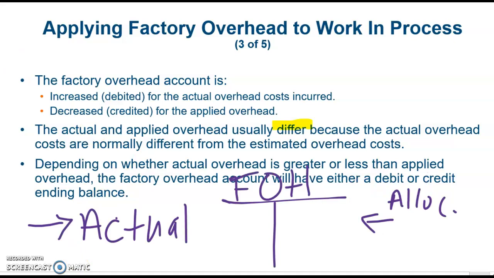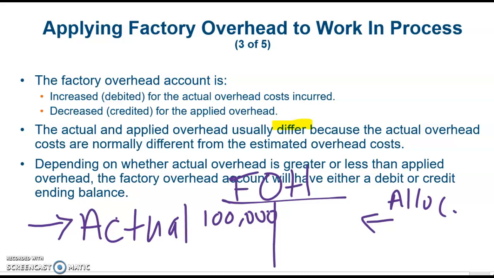Okay, so the best way is to look at it through this T account. Let's just say our actual costs are $100,000. That's going to be our actual cost on the debit side.